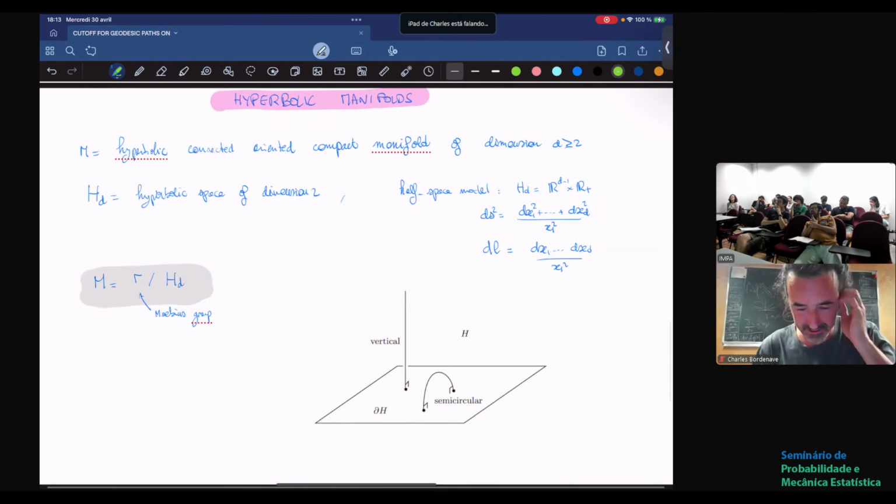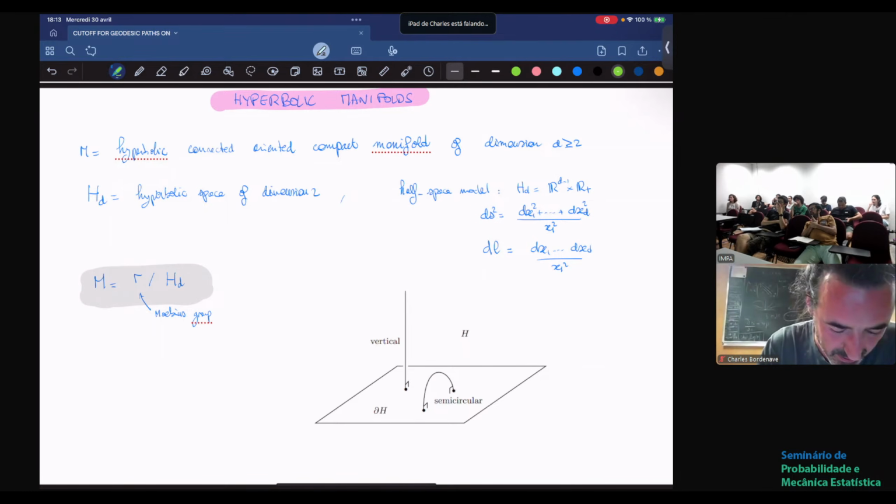So I will consider hyperbolic manifolds. If you are not too familiar with that, I think it will be okay. So M will be a hyperbolic connected oriented compact manifold of dimension D, which I will usually summarize as a hyperbolic compact manifold.